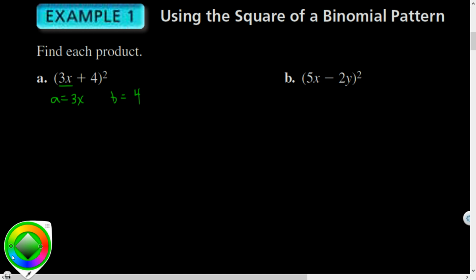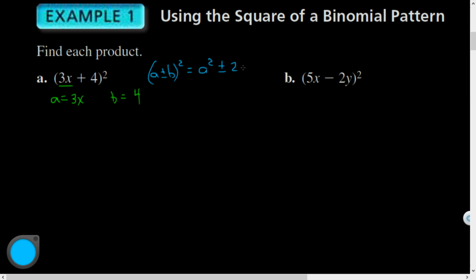And the square of a binomial pattern, A plus or minus B, all squared is equal to A squared plus or minus 2AB plus B squared. And what I'm going to do is just simply plug in 3x for my a's and 4 for my b's and simplify. That's all I'm going to do. So plug in 3x for a, so I'd have 3x squared, and I've got to be careful.